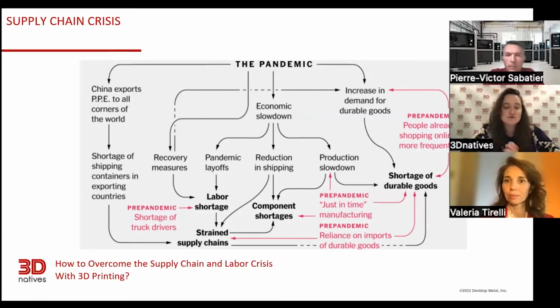I just wanted to show you this diagram to show some of the reasons why supply chain has been disrupted. You can see, especially with the pandemic, already there were issues, but adding that in, you have shortages of durable goods, which leads to production shutdowns, labor shortages, component shortages, all of it leading to strained supply chains.